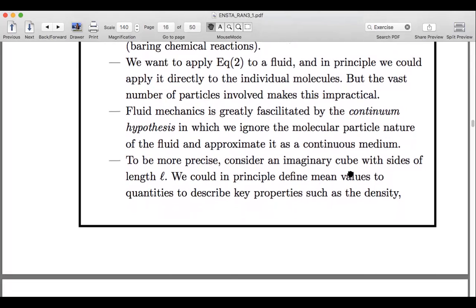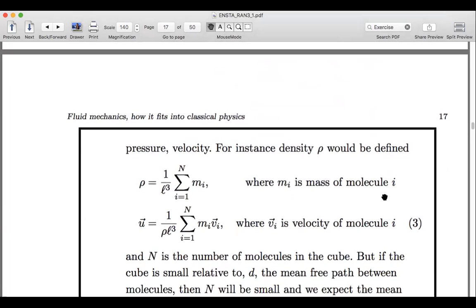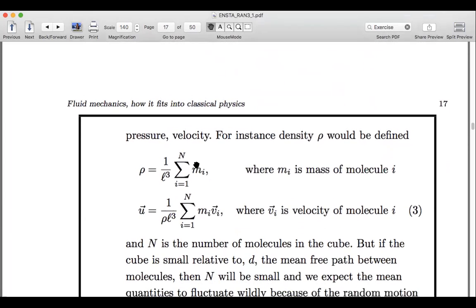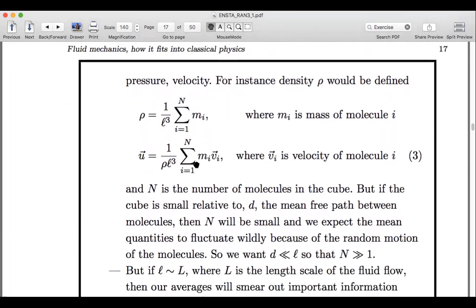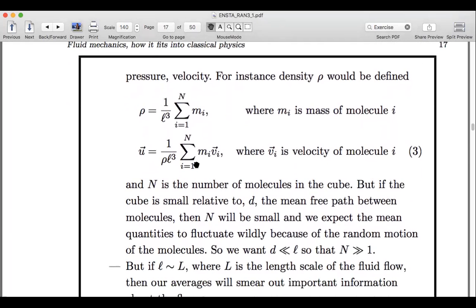So let's imagine a cube with sides of length little l. We could define the mean values of any key property we were interested in describing the fluid. That could be the mass density, the pressure, the velocity. How would we do that?